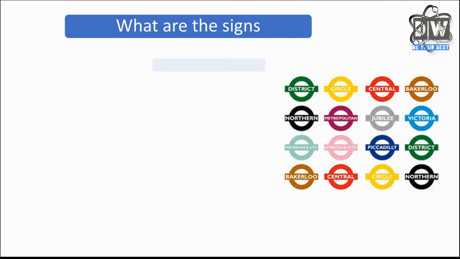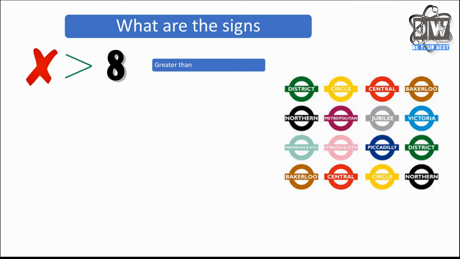But first of all, what are the signs? When I give examples, I'm going to give whole numbers, because I want to make it as simple as possible for you to remember the information. So greater than: x is greater than 8 means that x must be 9 or more.